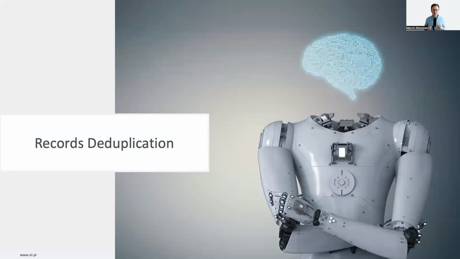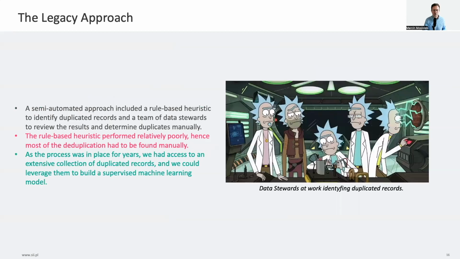Okay, so now we already know how we constructed the named entity recognition system, and we can take a look at how we built the records deduplication algorithm. Dodge used to rely on a semi-automated process to identify the duplicates. At first, rule-based heuristics tried to find a duplicate candidate for each new record.